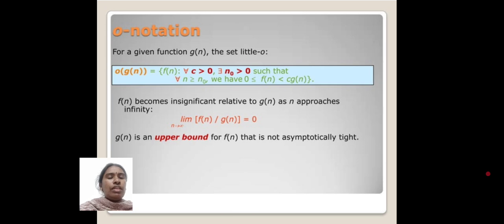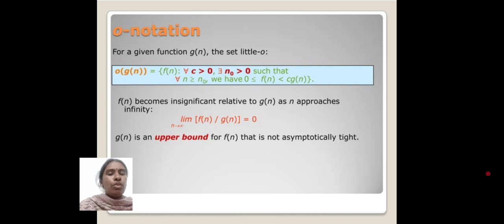Here f of n becomes insignificant relative to g of n as n approaches infinity, that is, the limit as n tends to infinity of f of n by g of n is equal to 0. Here g of n is the upper bound for f of n. This is not asymptotically tight. So these are the types of asymptotic notation.